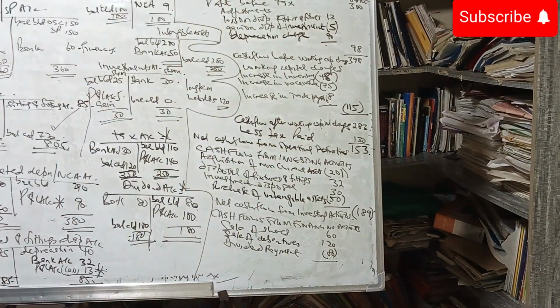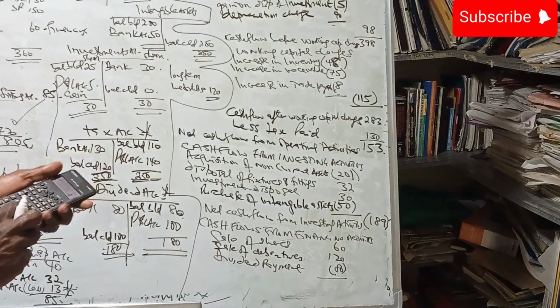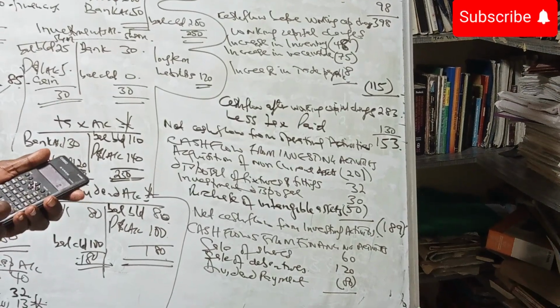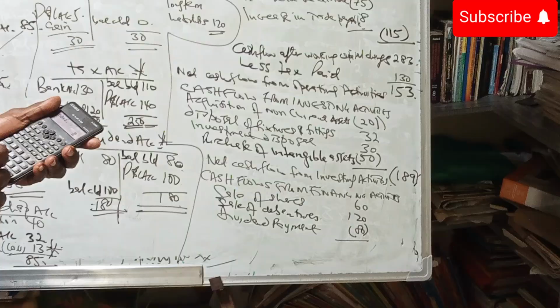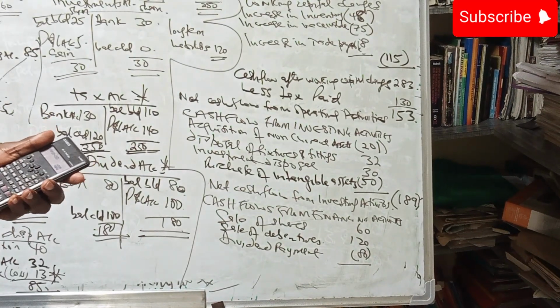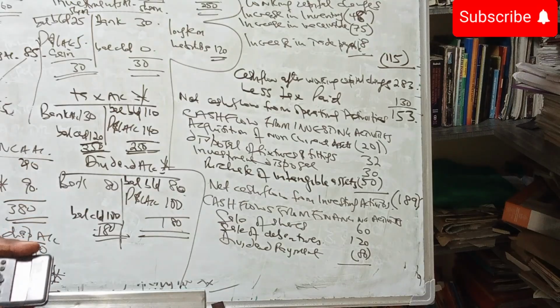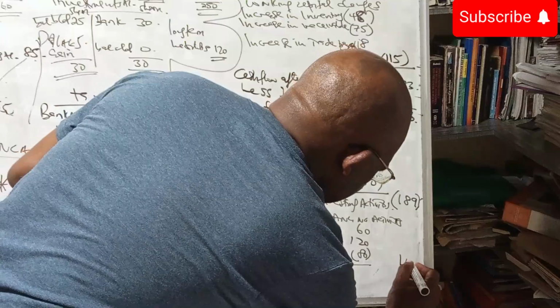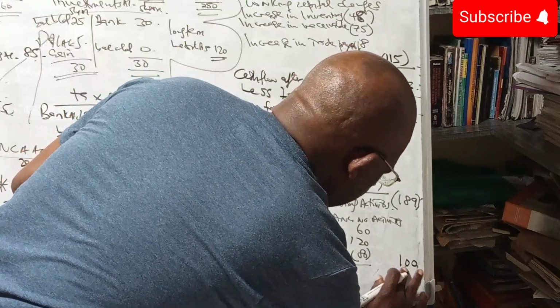You add all the three and you get the net cash flow from financing activities. So 60 plus 120 minus 80, you get a figure of positive 100.